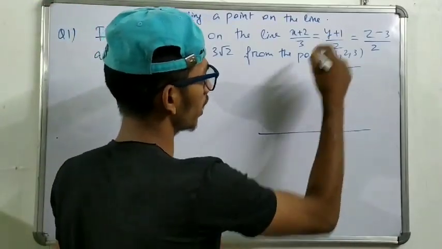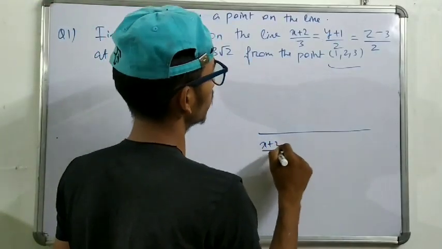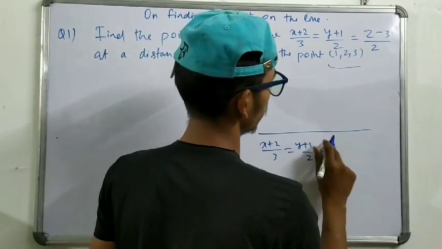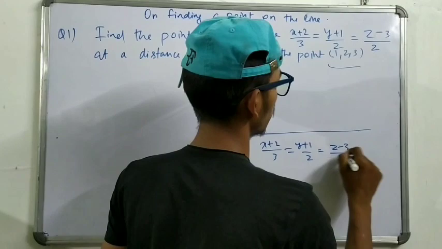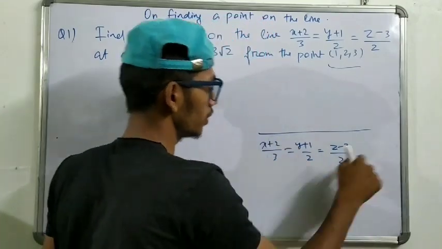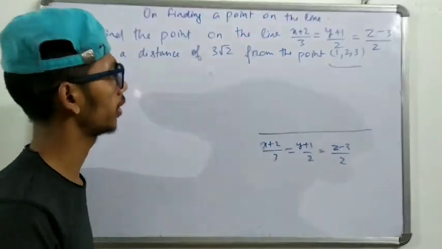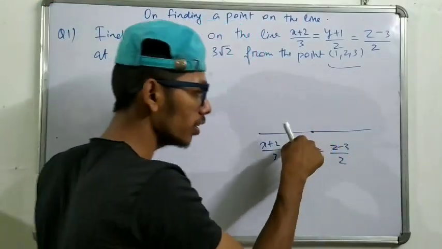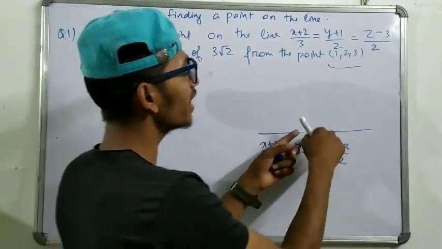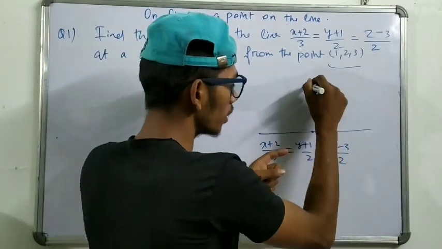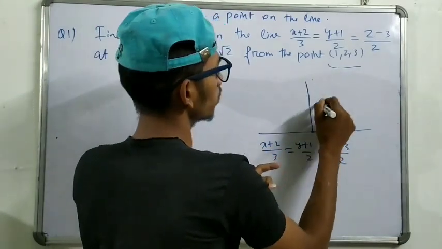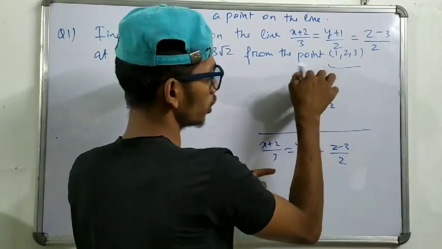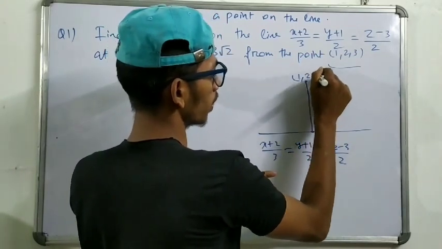So this is my line equation: (x plus 2) by 3, then (y plus 1) by 2, (z minus 3) by 2. This line equation is given to you in the question itself. You have to find a point on this line, and the point is at a distance of 3 root 2 from the point 1, 2, 3.